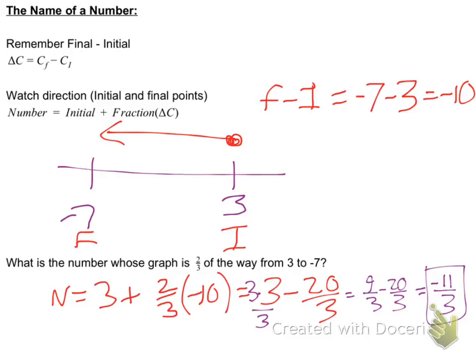Plus, what's a third of 10? 3 1/3. And I have to go 2 of those. So therefore, I should be a little bit past 3. That should make sense. Negative 3 2/3? So keep that improper, that's your new number, negative 11/3. Any questions?